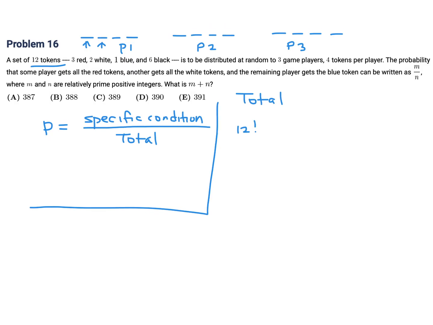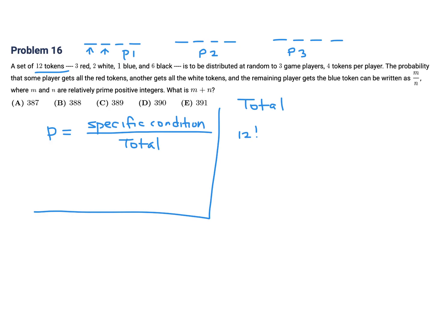Now, the overcount happens because in the first set, we're actually going to have 3 R's, R, R, R. In the second set, we're going to have 2 white. And the third set, we have 1 blue, I believe. Yeah, 1 blue. So I'll just put B for blue. And then we have 6 black, so I'll just put BL for all the tokens that are black.